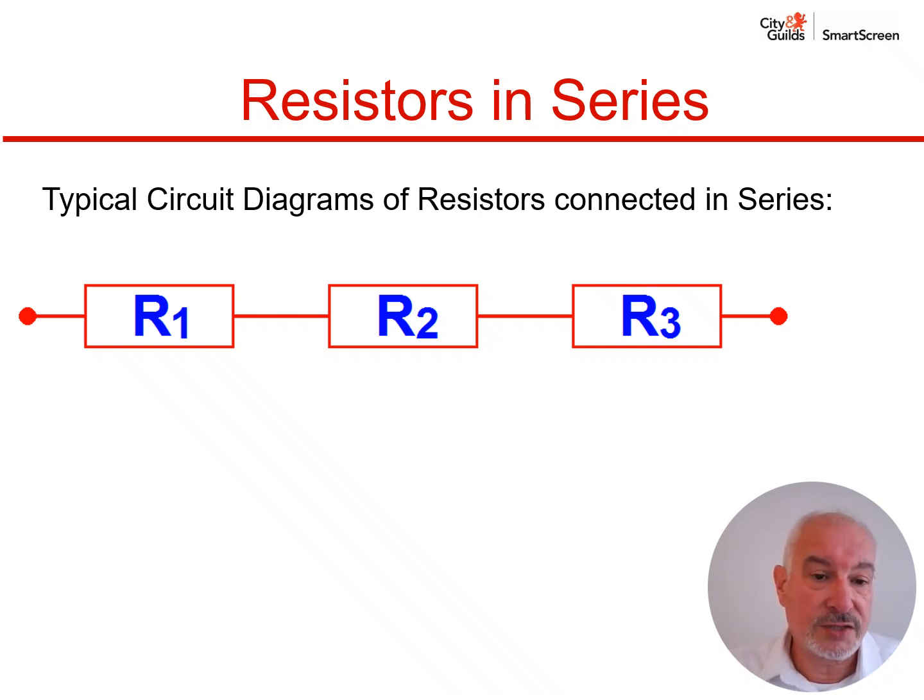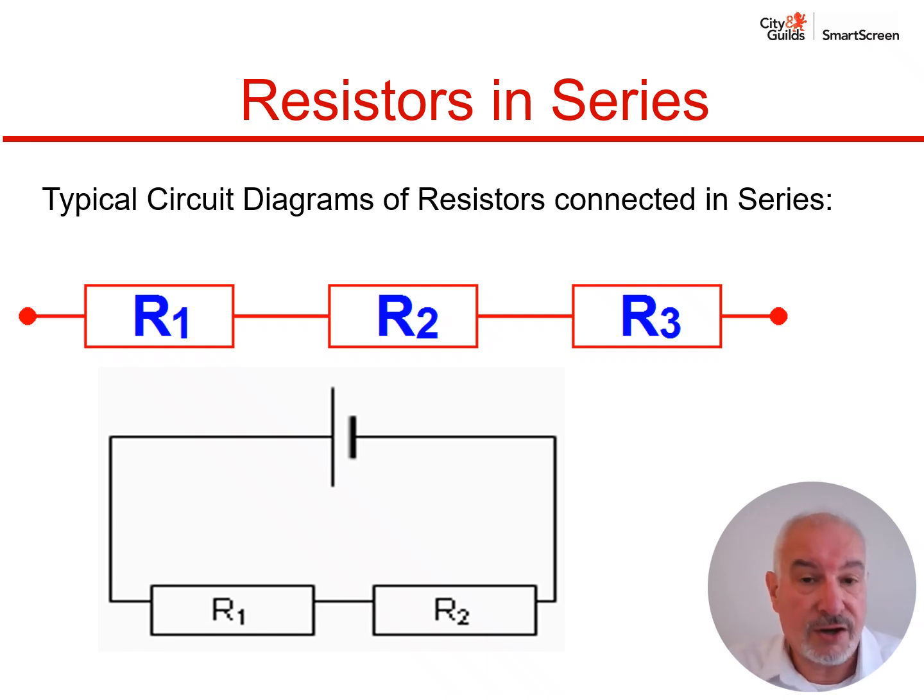You'll notice that there's a dot at the beginning of the line and a dot at the end of the line, and that's because it represents a complete circuit where those dots would be the terminals of perhaps a battery or some other source of electromotive force. So although it's a straight line, it represents a complete circuit.